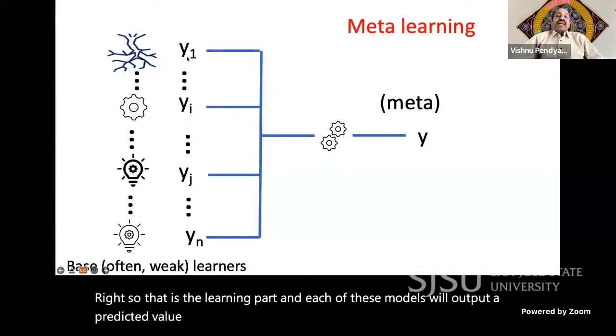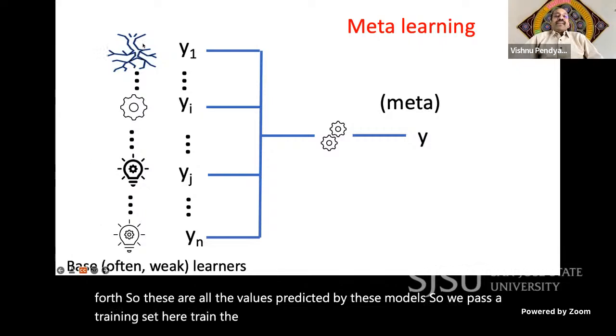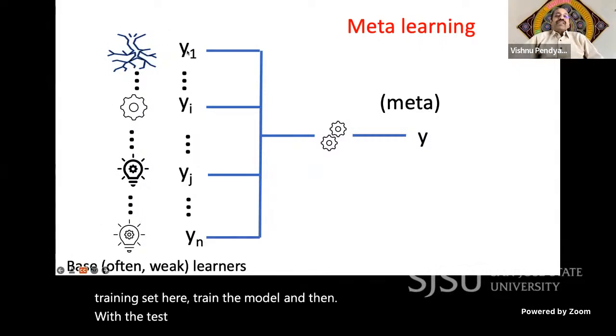So in the typical convention, we call it Y1, Y2, and so on. These are all the values predicted by these models. So we pass a training set here, train the model, and then with the test set, we generate the predictions from each model.